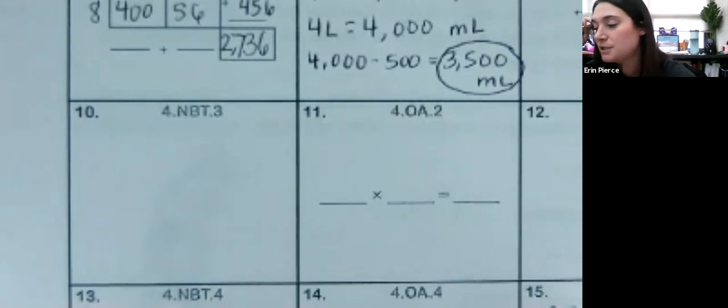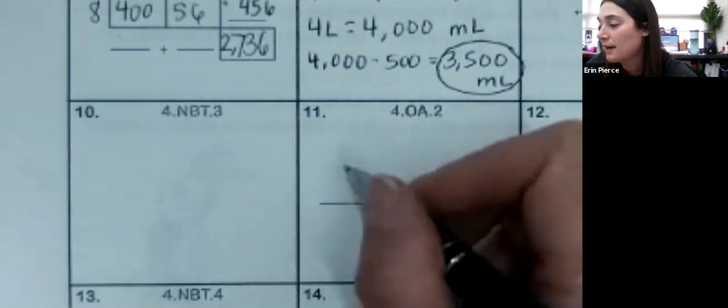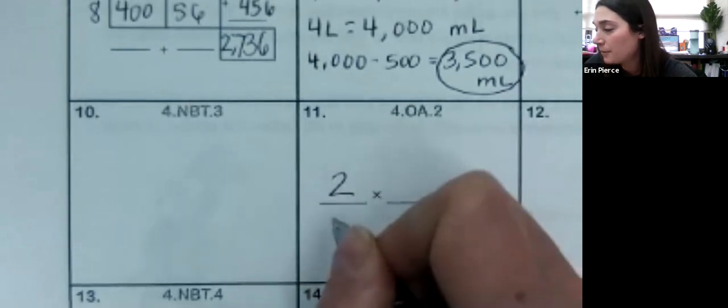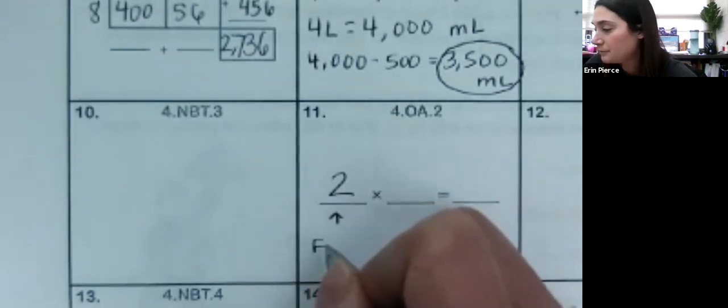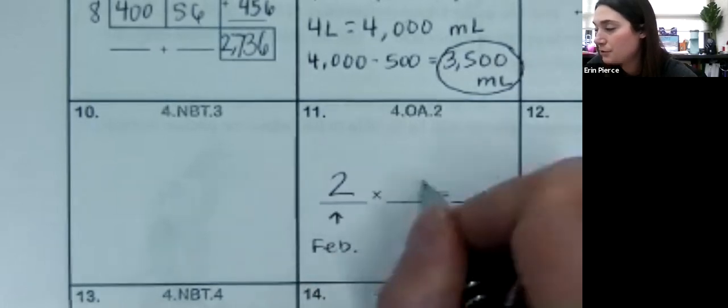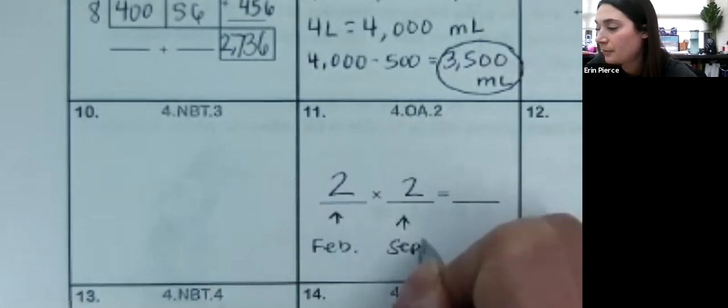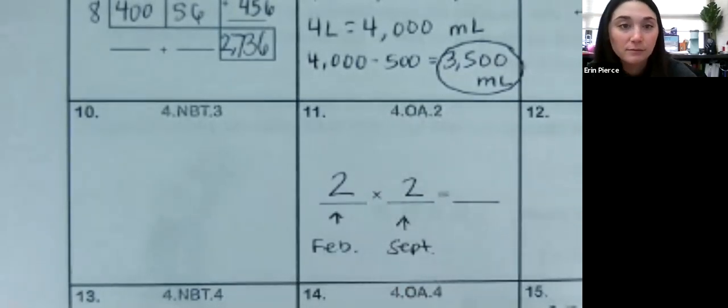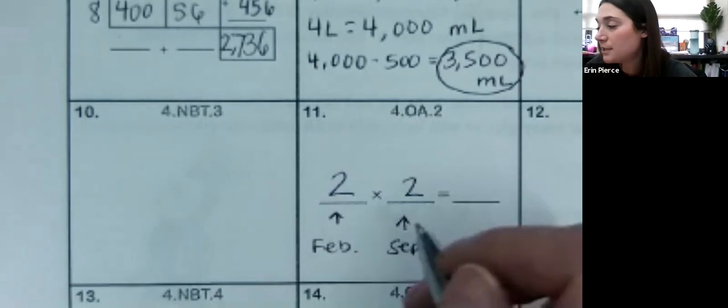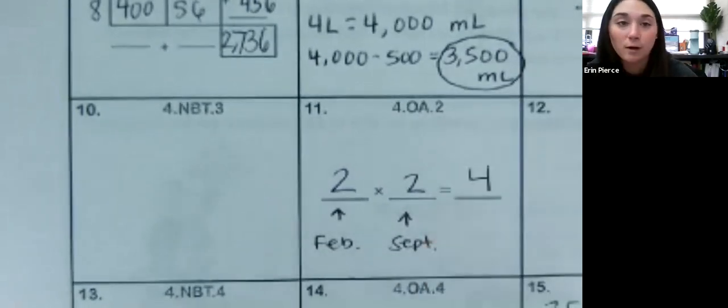On average, how many inches of rain does Cleveland get in September? So I'm literally going to take that 2 inches from February. The amount is 2 times that in September. And my number sentence is literally 2 times 2, which is 4.